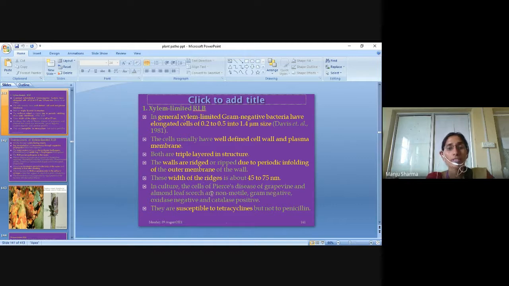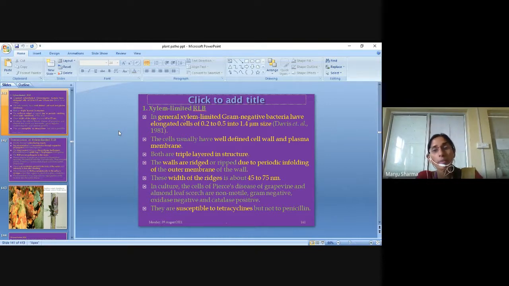First is the xylem-limited RLB. In general, xylem-limited gram-negative bacteria have elongated cells of 0.2 to 0.5 by 1.4 micrometers in size, as described by Davis et al. in 1981.